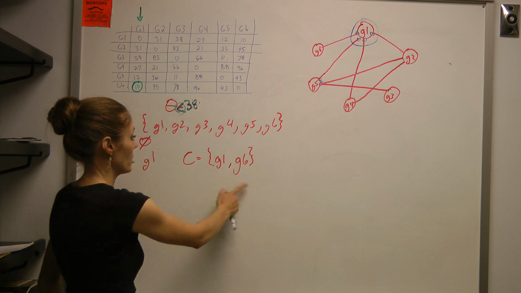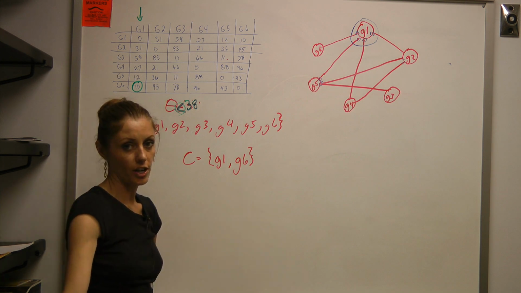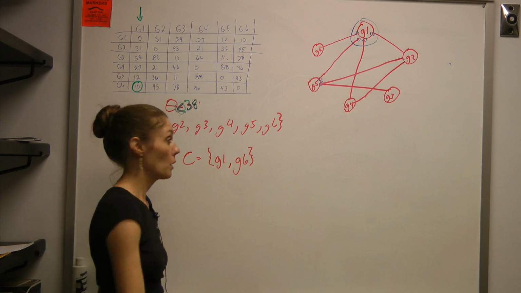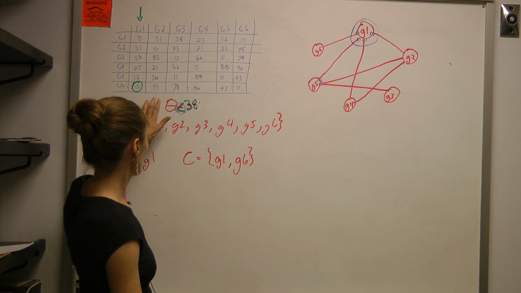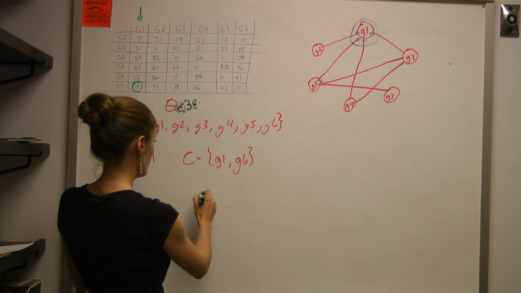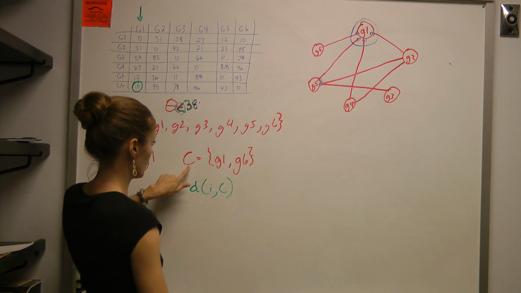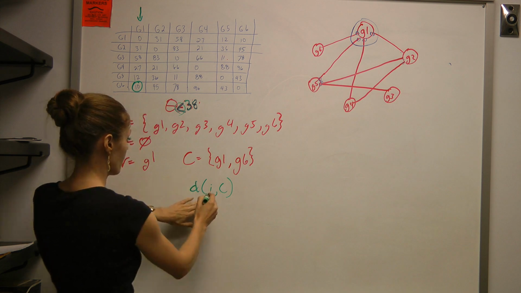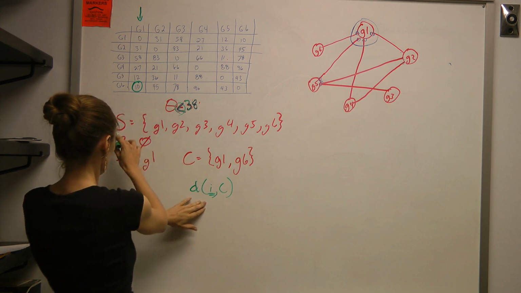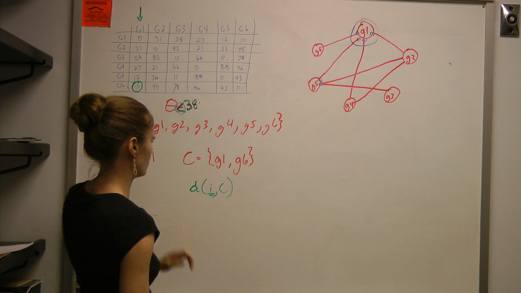We know that G1 and G6 are close to each other, so we don't have to check to see if they're distant from each other. But now we want to see what genes are going to be close to this cluster. It's all the ones that are in S that are not part of C.